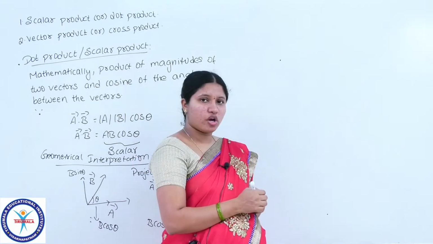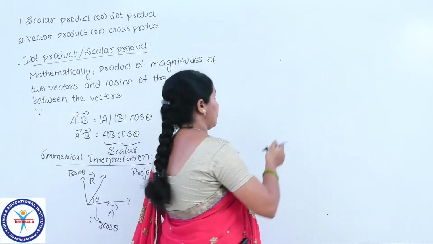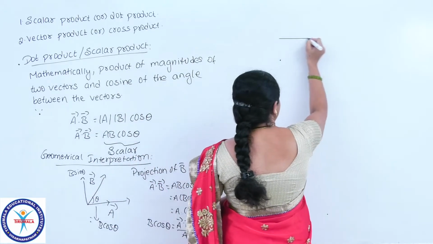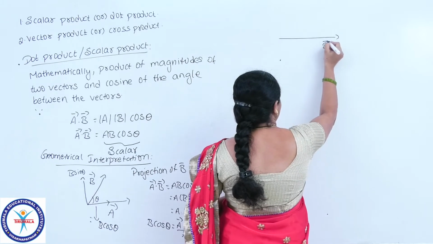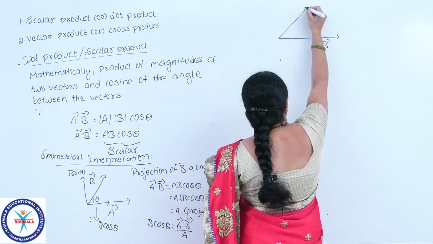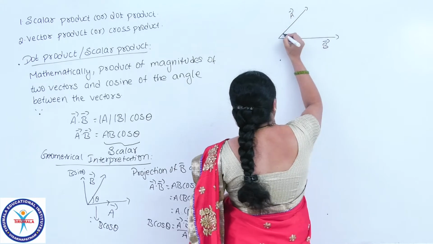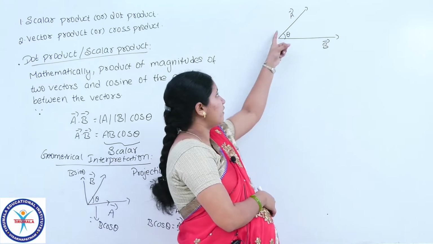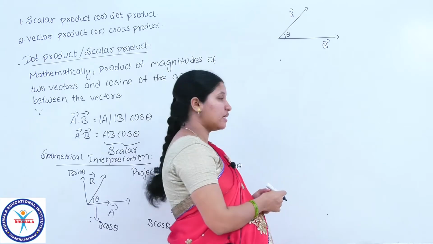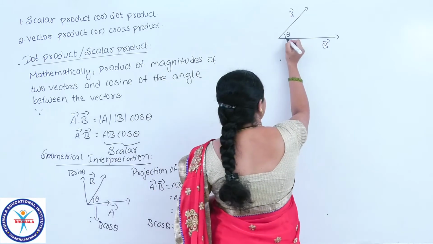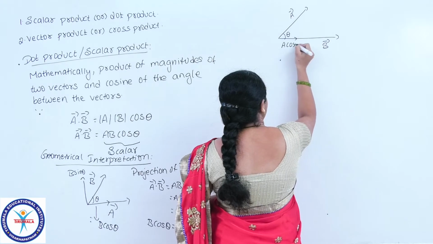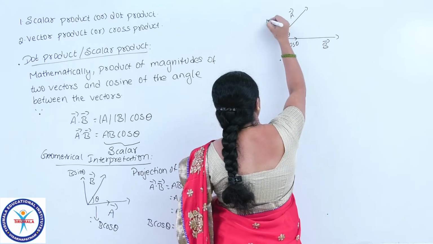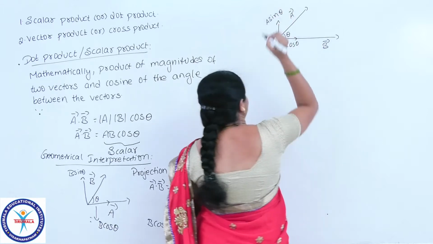Now let us see the geometrical interpretation of b bar dot a bar. I am considering a vector b bar and another vector a bar, which is inclined at an angle theta with the b bar vector. Now resolve a bar into two components: the horizontal component is a cos theta and the vertical component is a sin theta.